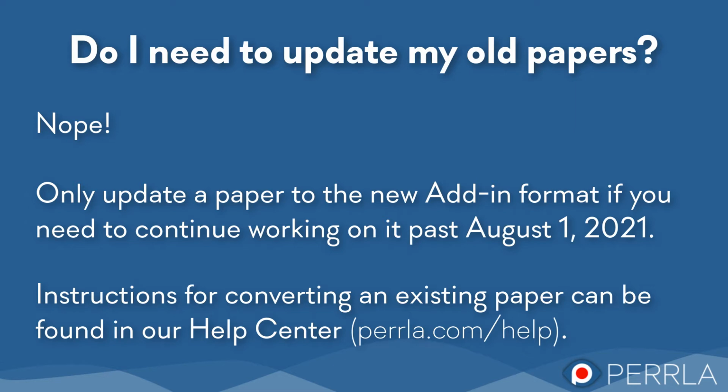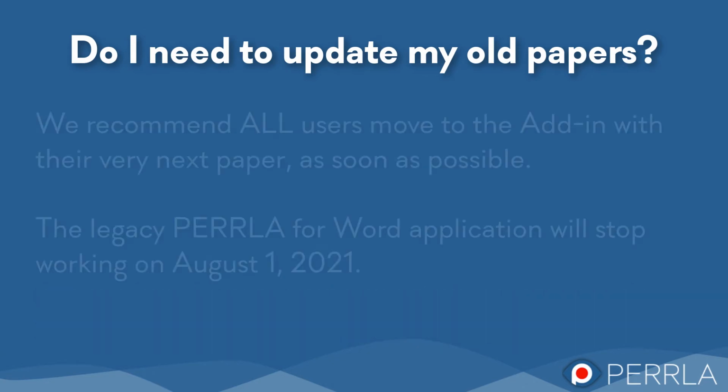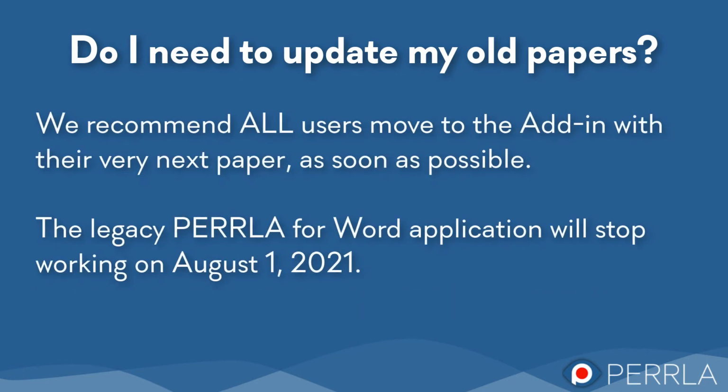It's really pretty simple. For all of our users though, we absolutely recommend that you start your very next paper with the new PERRL add-in because the legacy PERRL for Word application is going to be sunset in August 2021 and will no longer work. So with that, let's check out how the PERRL for Word add-in works.